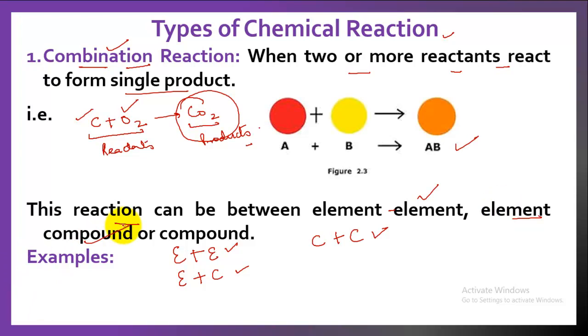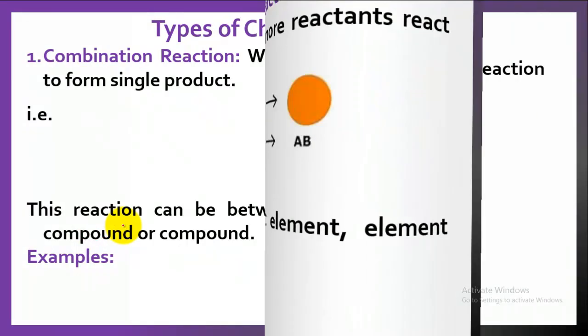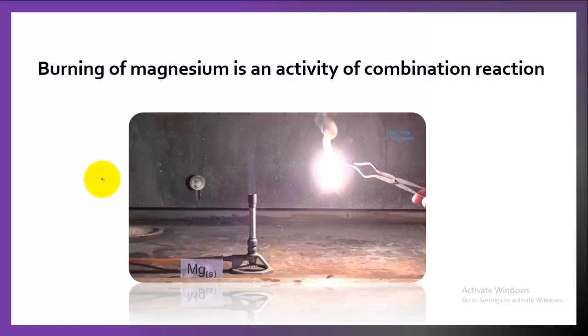Let's take up examples related to it. If we consider element and element, for example, we have H2 and we react it with O2, it gives rise to water. Both reactants are elements combining to form a single product, so this is an element-element combination reaction.